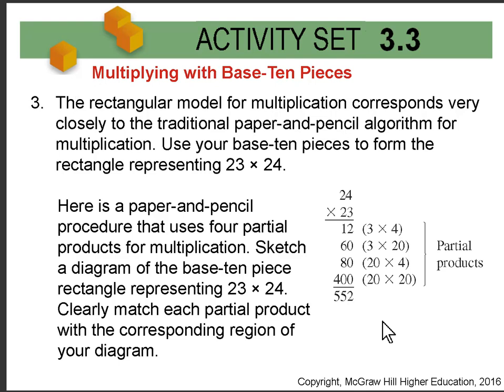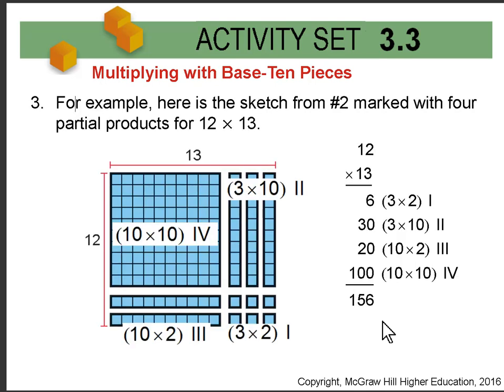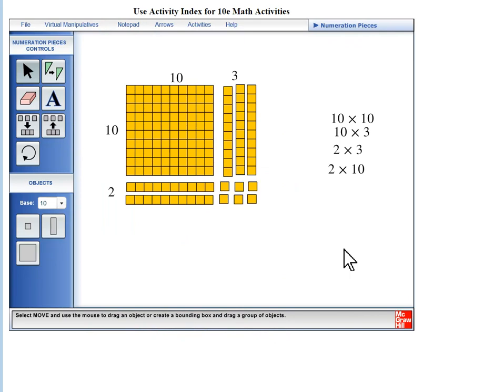And you really want to be able to match these to the model that you make. So for example, we have our 12 by 13 model here, and we have this marked in our activity set. And you can see it here as well. If I think of it as 10 by 10 here, and 2 by 10, and 3 by 10, and then 2 by 3, then I can see how my partial products align.